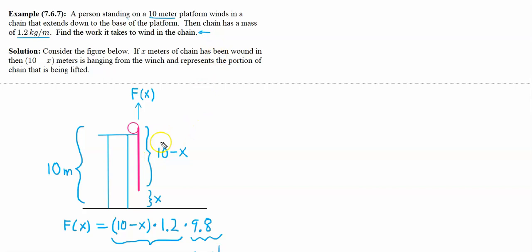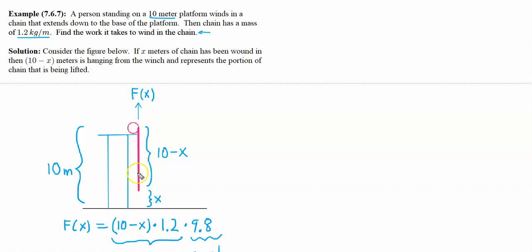All right, so down here we have a diagram of what's going on. You see we have a 10-meter high platform right here. This is our platform. We have a winch here that is winding in the chain, or a person with a crank, some type of crank mechanism with a pulley that is winding in the chain.